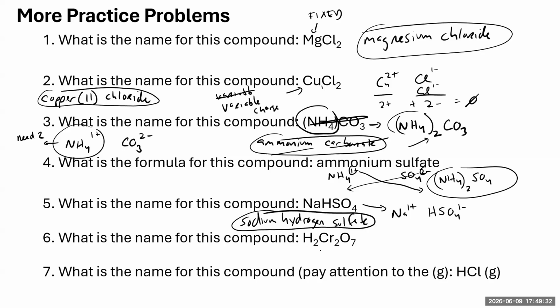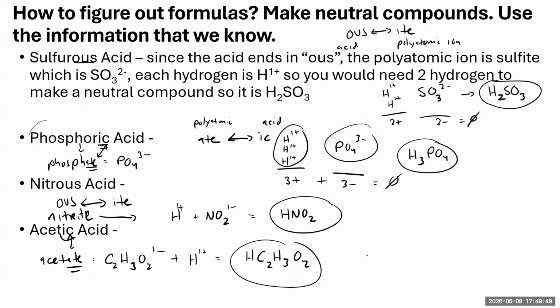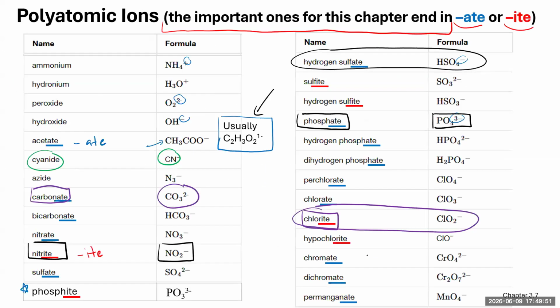All right, H on the left, acid. There's two of them, 1 plus, H 1 plus. This is Cr2O7. Has to have two minus charges. Let's try to find Cr2O7 2 minus. Well, here it is. Dichromate. Cr2O7 2 minus.